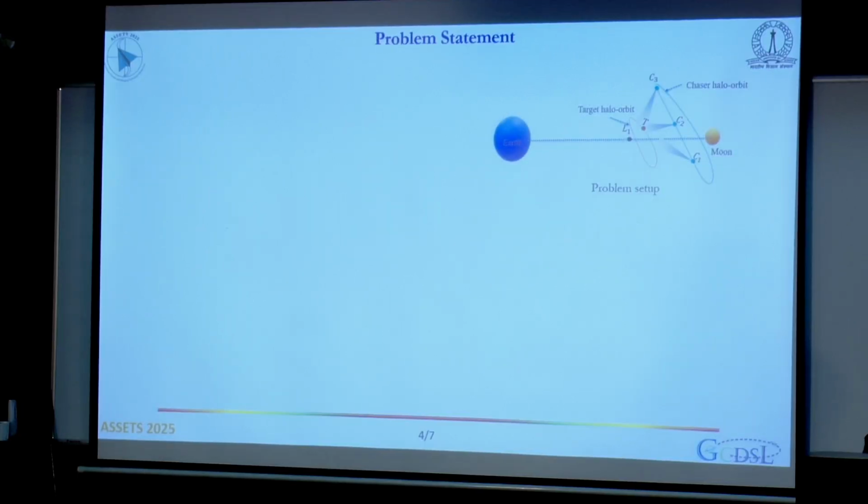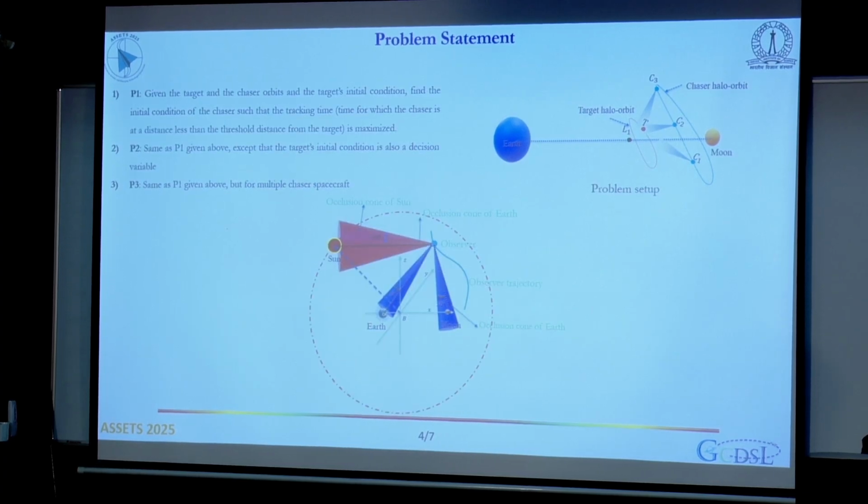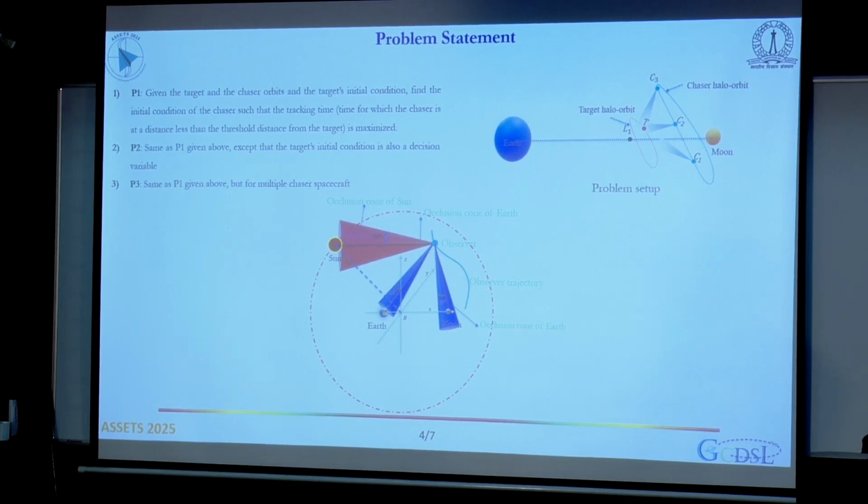So coming to the problem statement, we take the target and the multiple chasers on two different halo orbits with restrictions on the sensor range. The objective here is to maximize the tracking time, and we also include the visibility restrictions as occlusion cones from Sun, Earth, and Moon.